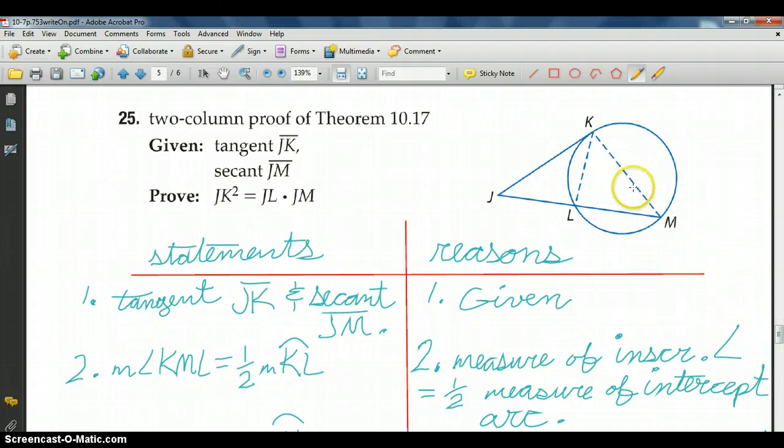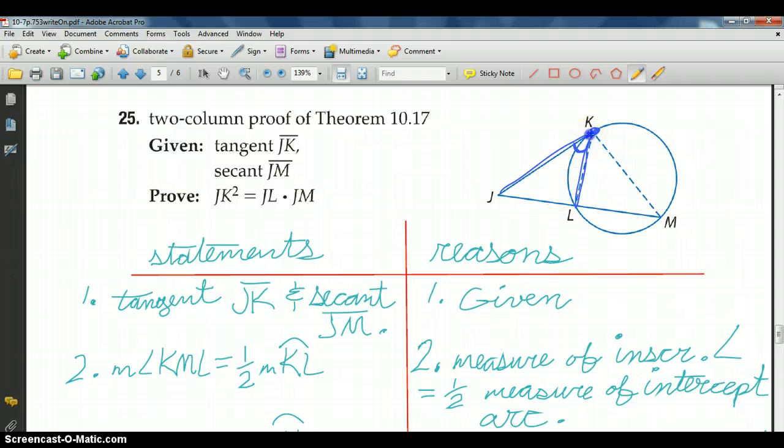So we have an inscribed angle KML, which will be equal to half of its intercepted arc, which is KL. Also, we have an angle formed by a tangent and a secant here, with its vertex on the circle.